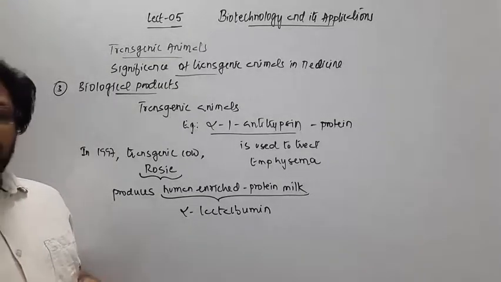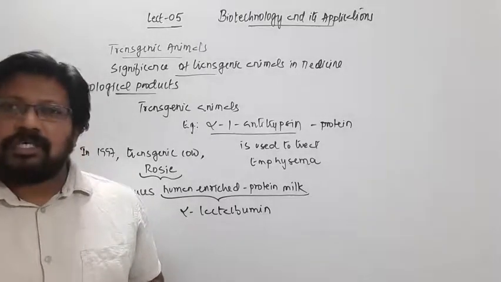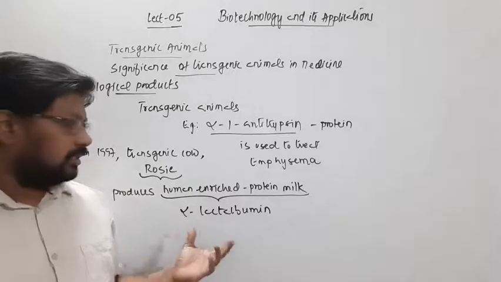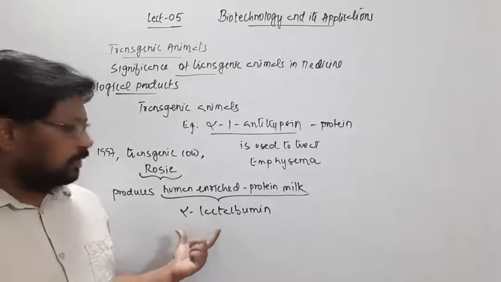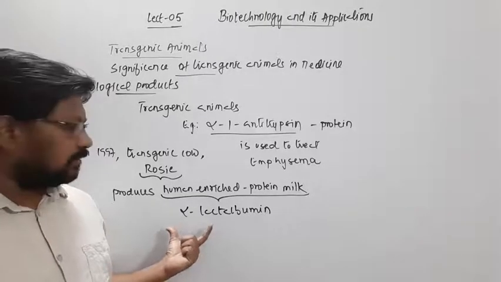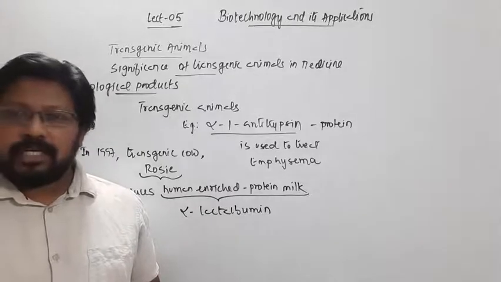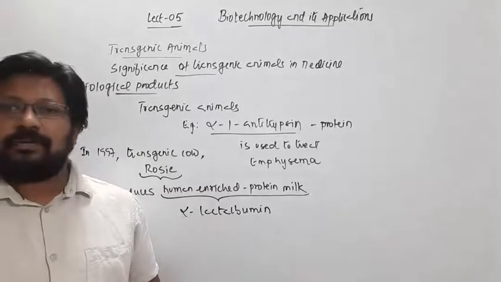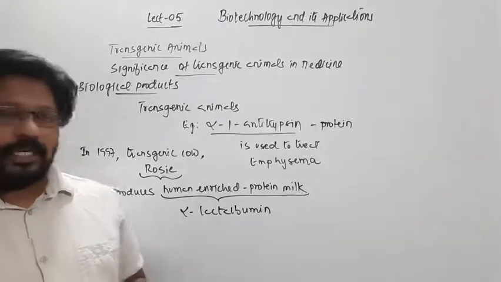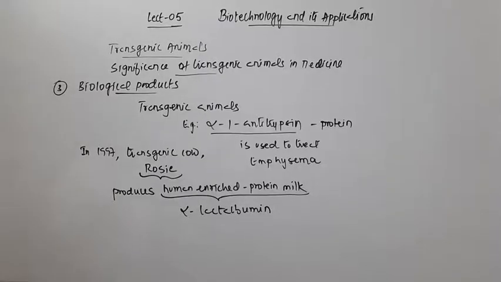The baby will not develop any deficiency problems, because this cow's milk has the human protein. Due to the absence of these proteins in ordinary cow's milk, the young ones will not get proper nutrition. That's how we have solved the problem by using these transgenic animals.